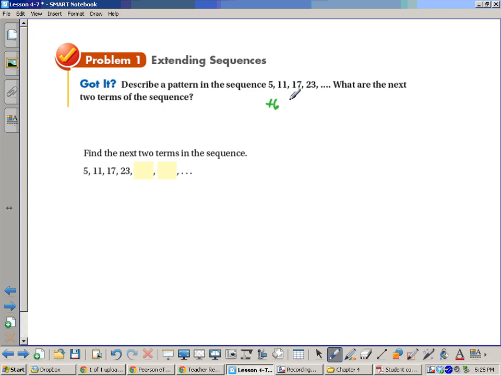Then we're taking 11 and adding 6 to get 17. Then we add 6 again to get to 23. So it appears that we're adding 6 each time. So 23 plus 6 will be 29, and then 29 plus 6 will be 35. So we've identified the pattern, and then we just continued it.